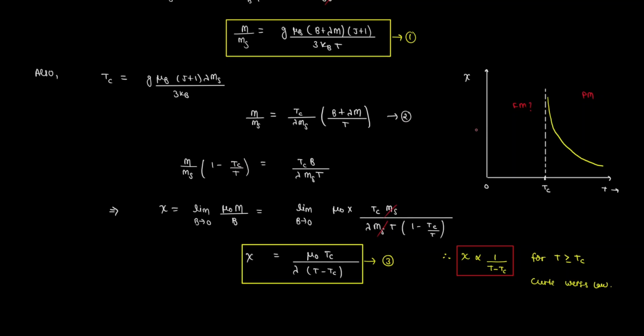So the susceptibility decreases with increasing temperature. The importance of this Curie-Weiss law is that it explains the ferromagnetic to paramagnetic transition. But if you remember, in the theory of paramagnetic materials, we saw that the susceptibility is proportional to 1 over T, which was only the Curie law. This means that the susceptibility of paramagnetic materials is inversely proportional to temperature, but this doesn't explain the ferromagnetic to paramagnetic transition.